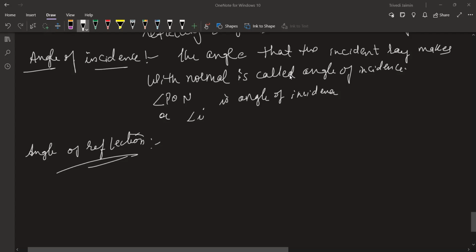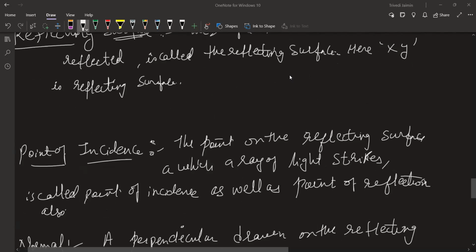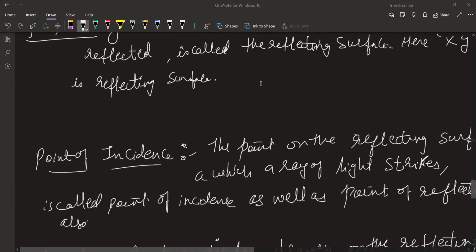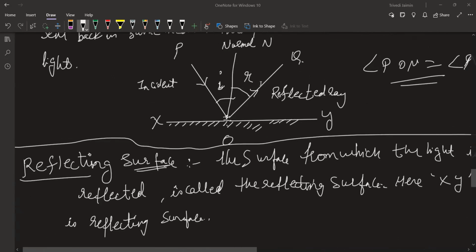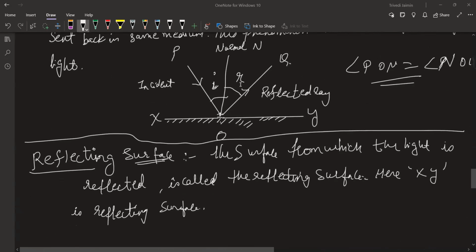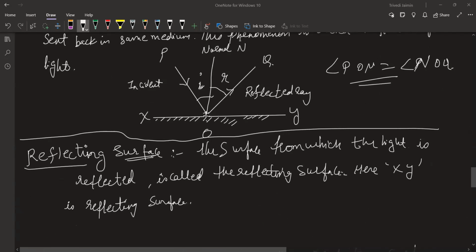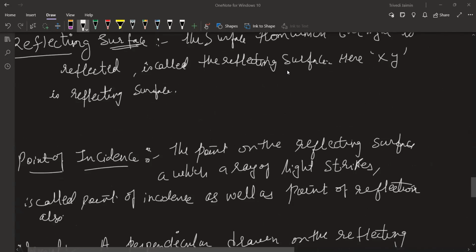Angle R. Angle R is in between NOQ. Is it NOQ? Yeah, NOQ.